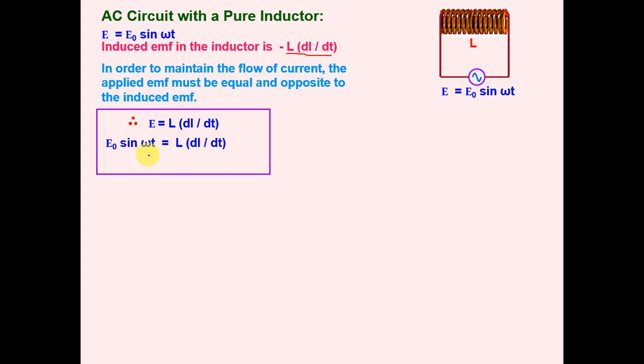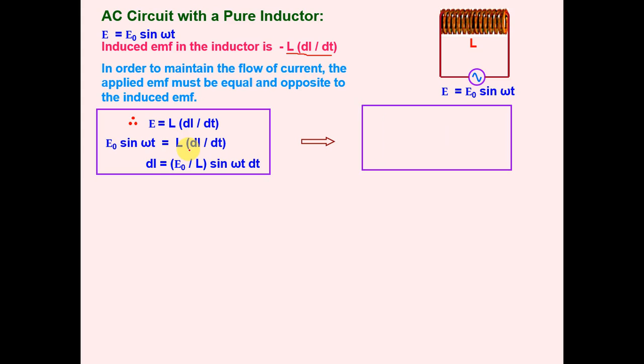Now from this equation, we want to find the expression of the current, meaning what is the value of the current which is going to flow in the inductor when we have applied the alternating EMF to the inductor. So you can see from here we have calculated di is epsilon naught over L sine omega t dt. Now what is I?